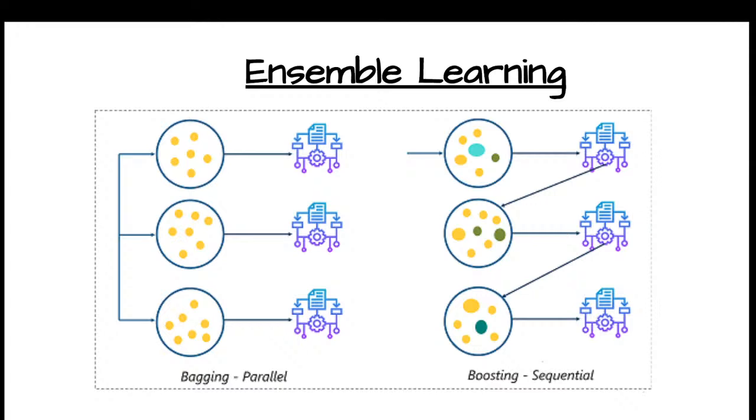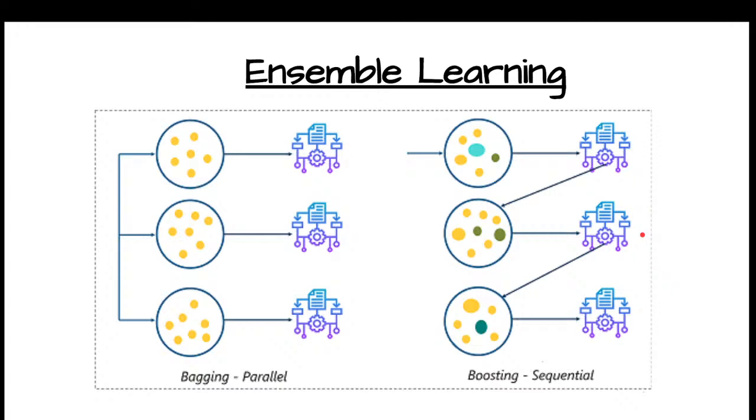Then if we compare it with boosting, boosting is a different kind of ensemble learning technique, because here the models are attached sequentially. So how does boosting work? Let us suppose we have some data, already clean, and we have given it to a model, and we are checking the accuracy. If the accuracy is not 100% and some of the data tuples are not giving the correct output, we give them a better weightage and pass it to the next model.